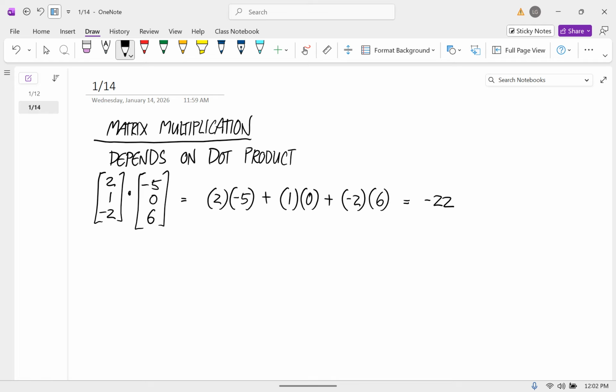Notice that the dot product gives a single number, a scalar value. That's why sometimes people call the dot product the scalar product. The output is a scalar, unlike the cross product where the output is a vector.